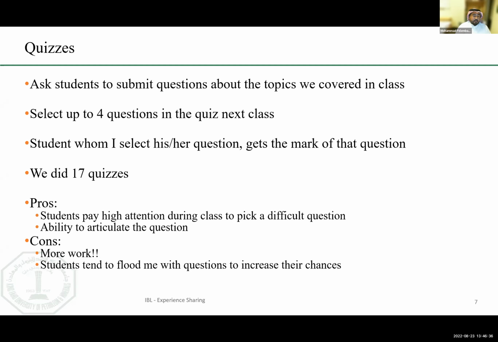At the end, I was able to streamline the process, and it was less of a burden on me toward the last 2 weeks or so. The objective here is I wanted the students to articulate their questions as well as pay more attention. And I figured out this is the second level of the IBL levels, which I think is structured inquiry.